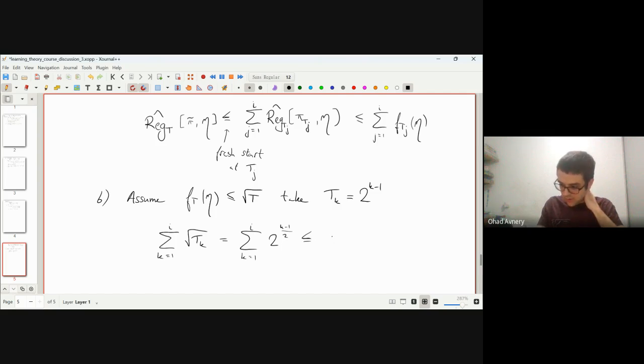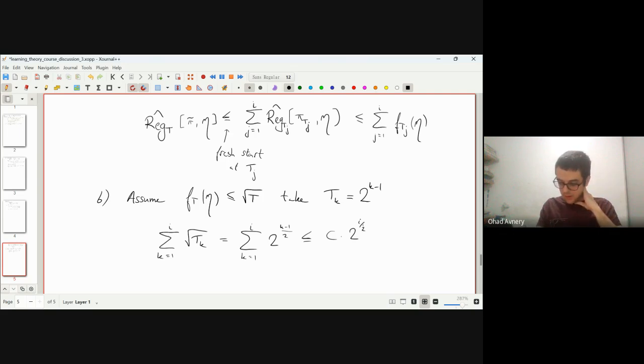We use the fact that it's a geometric sum, so I bound this by a constant times 2 to the I over 2. Which makes sense because this is basically the size of the largest element, and the rest are negligible.